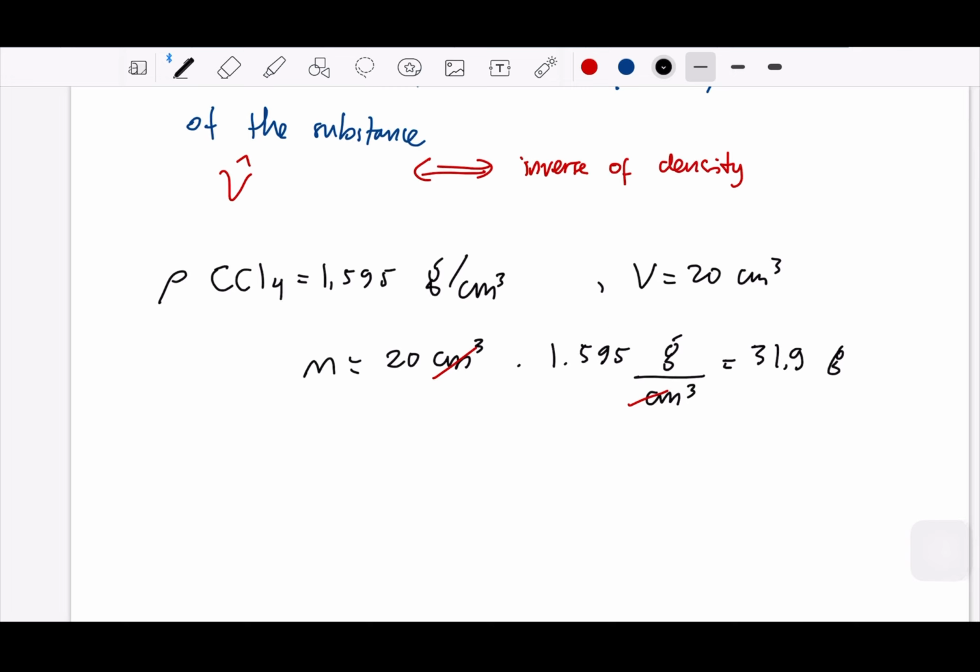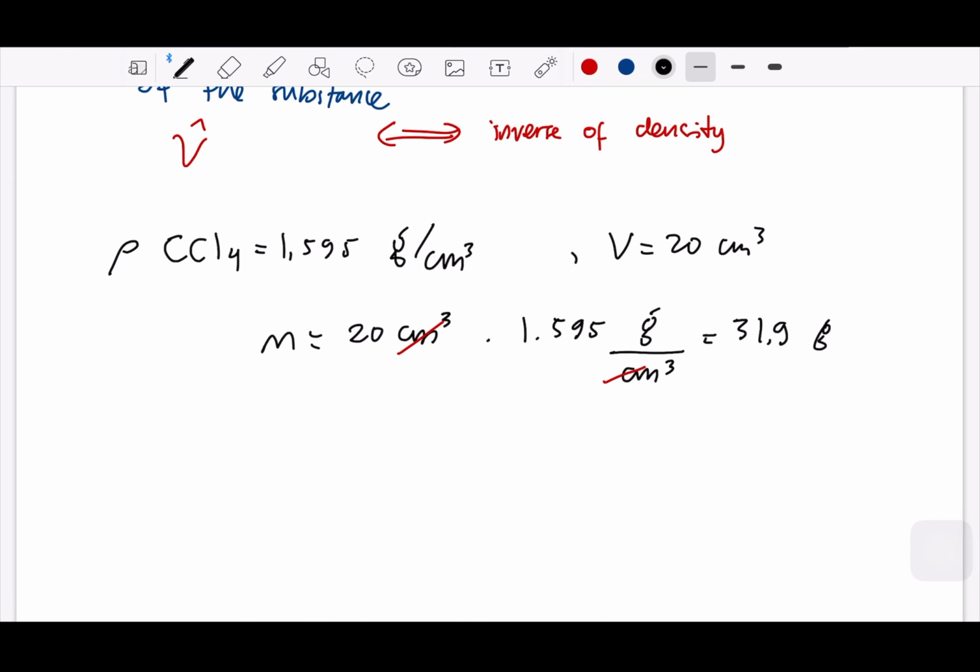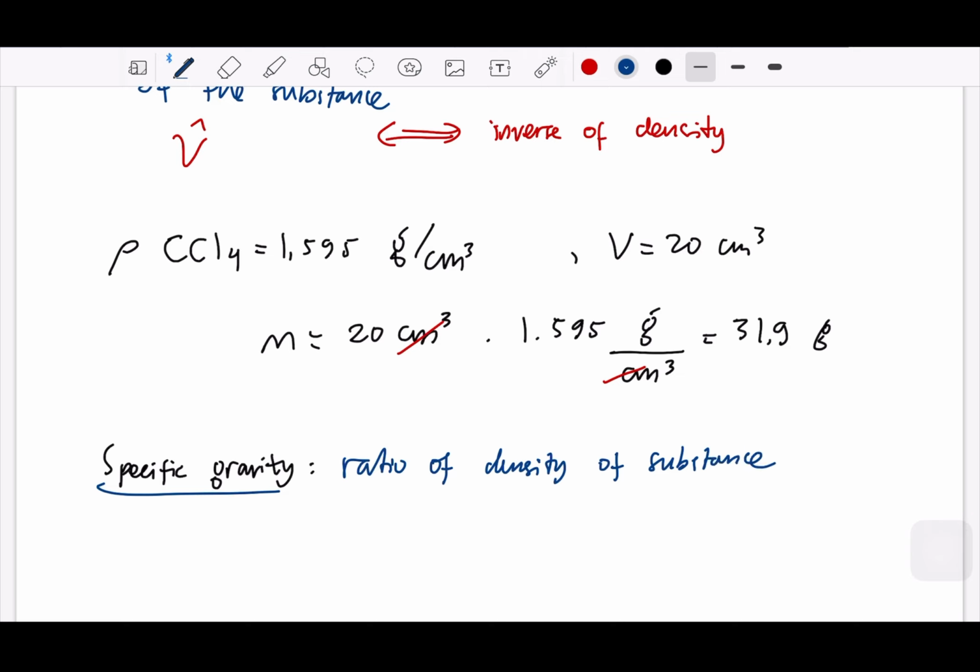Okay. Another term that is important on this subject is the specific gravity. Specific gravity is the ratio of density of the substance to density of reference substance, or just reference, okay, just reference.